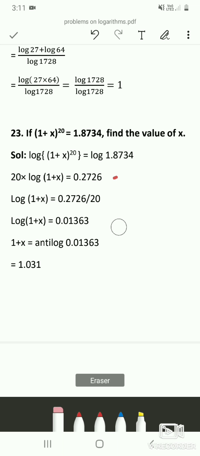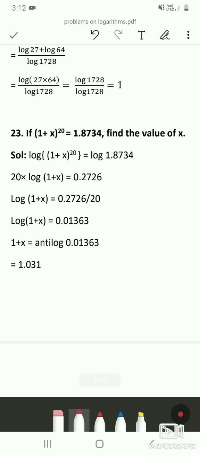So now 1 plus x is equal to anti-log of 0.01363, that is, taking log to the right hand side is nothing but to get the anti-log.